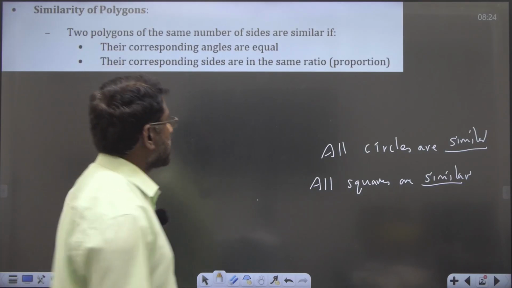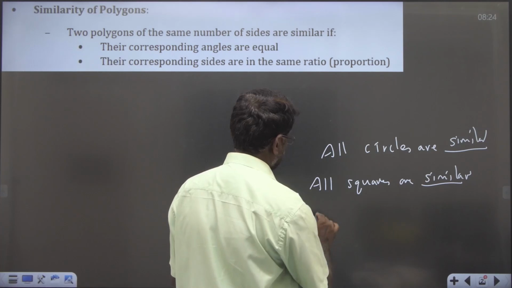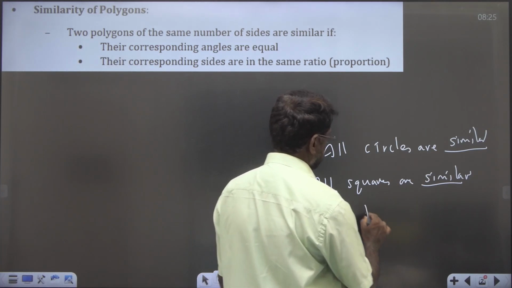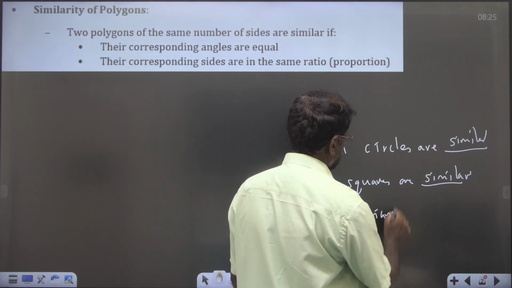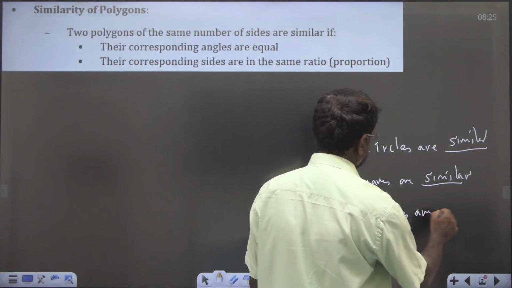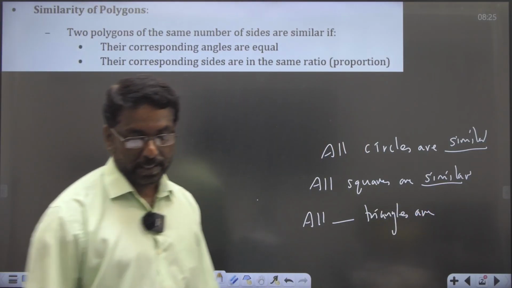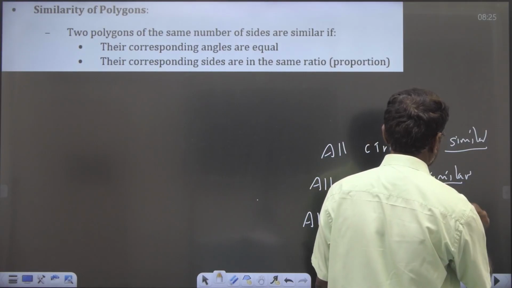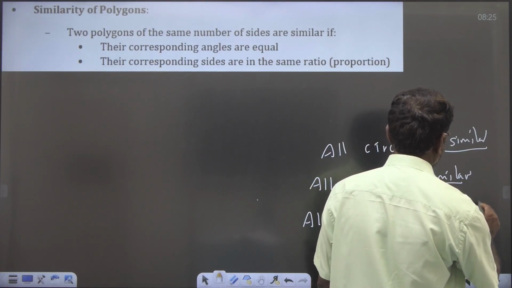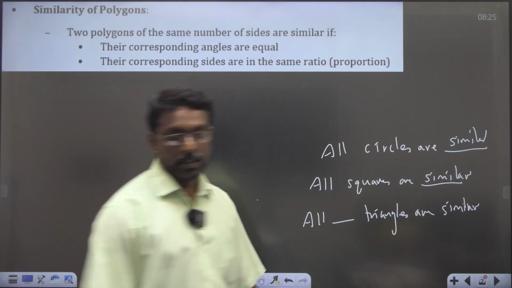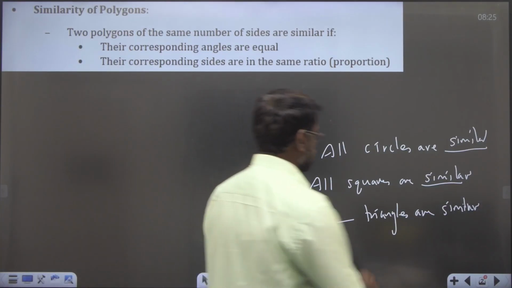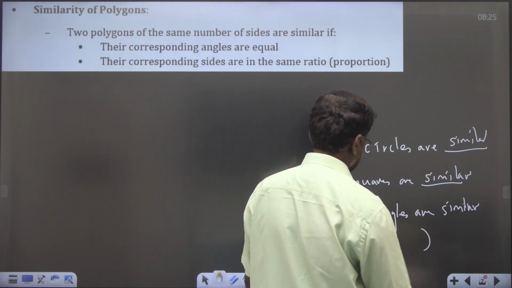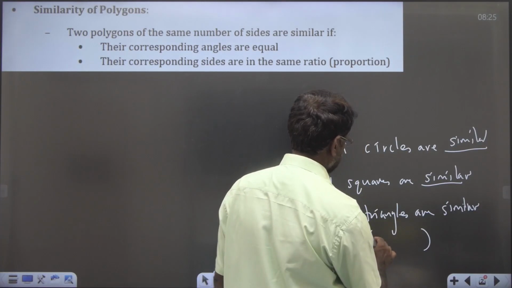All dash triangles are similar. In brackets, isosceles, equilateral.